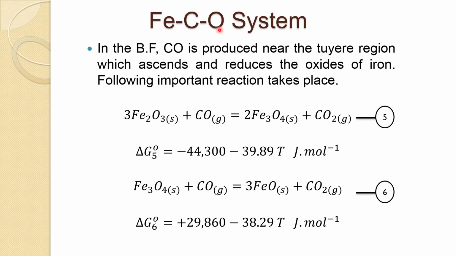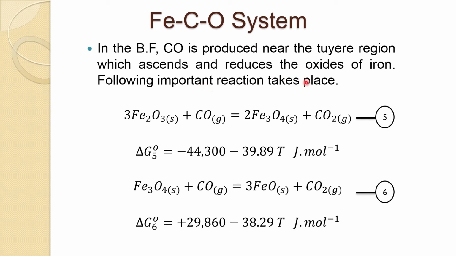Now we come to the third system, the iron, carbon and oxygen system. This is the one which is quite prevalent in the blast furnace. In the blast furnace, CO is produced near the tuyere region, which ascends and reduces the oxides of iron.